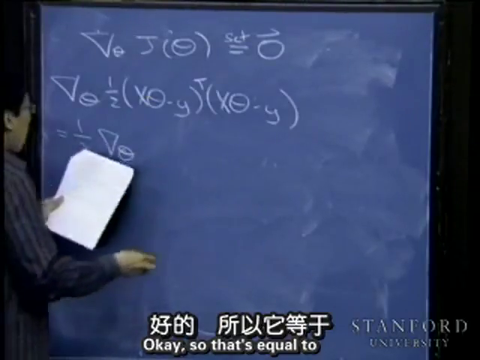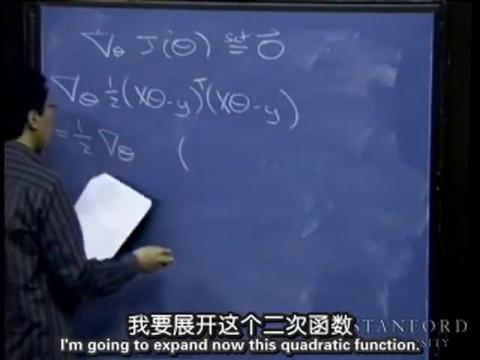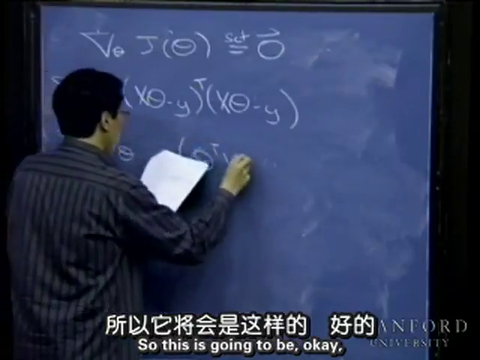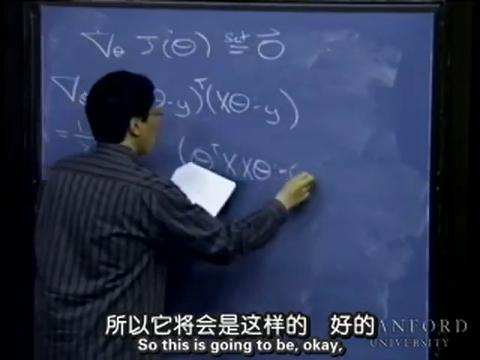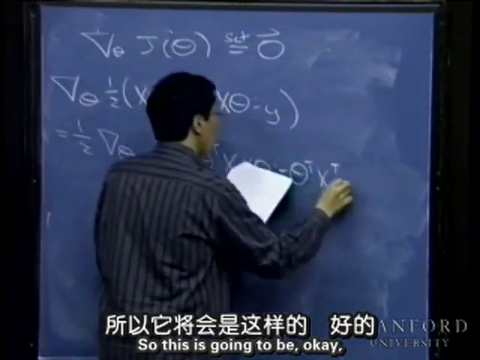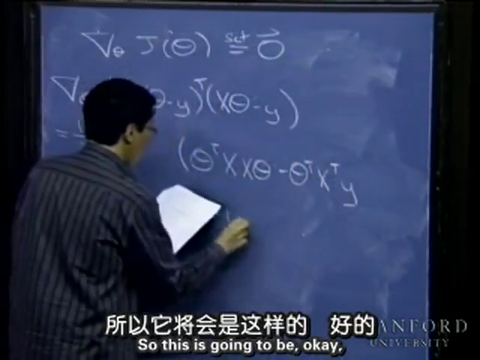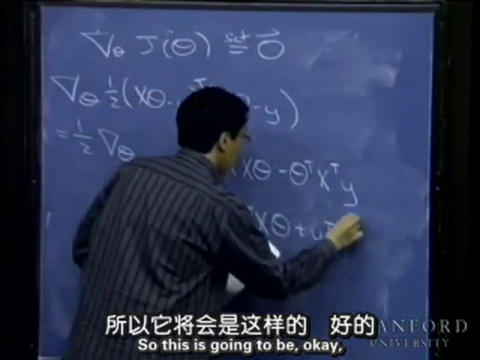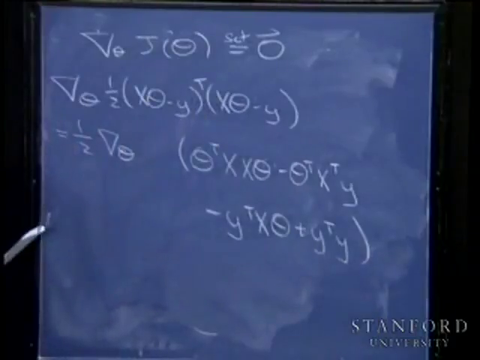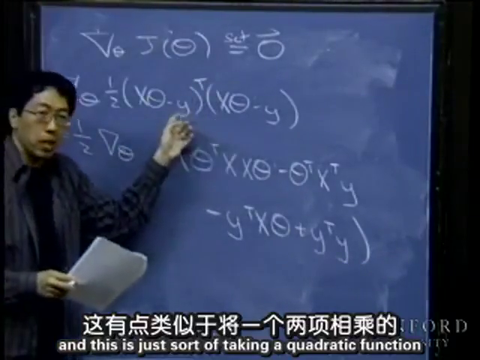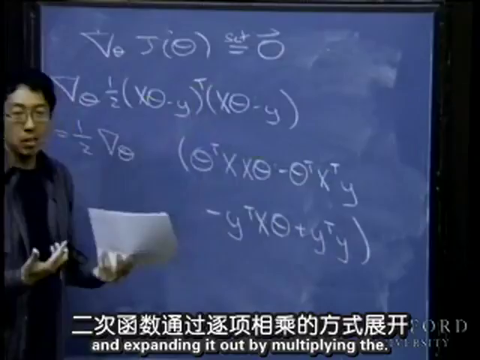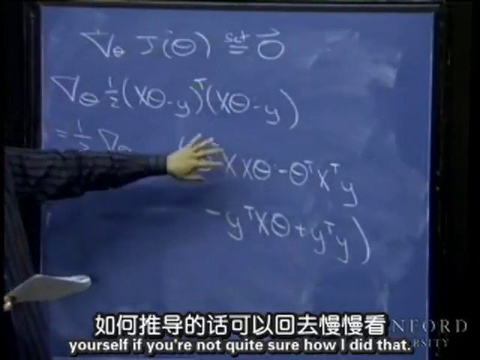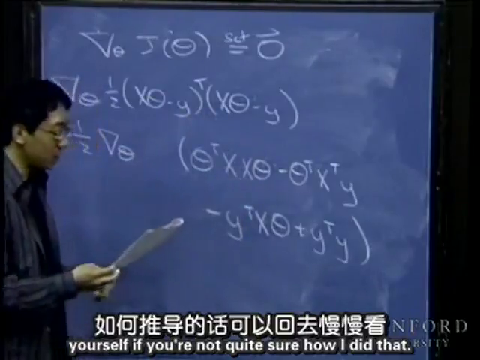So that's equal to, I'm going to expand out this quadratic function. Okay. And this is just taking a quadratic function and expanding it out by multiplying the arguments. And again, work through this step later yourself if you're not quite sure how I did that.